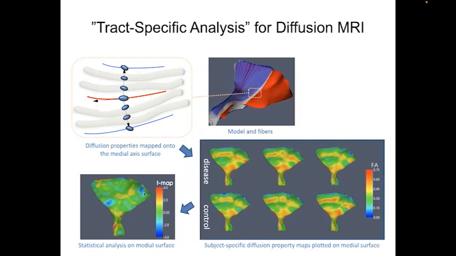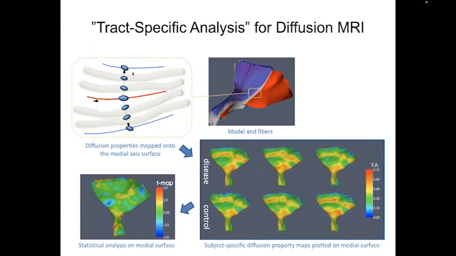And so we've had this tract-specific analysis pipeline. It's still there. People can use it, just a tool for white matter group analysis of features from the white matter.